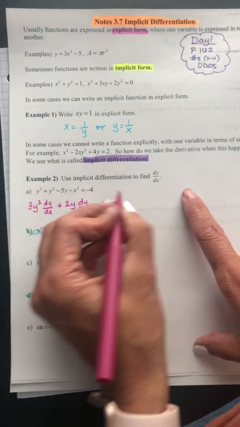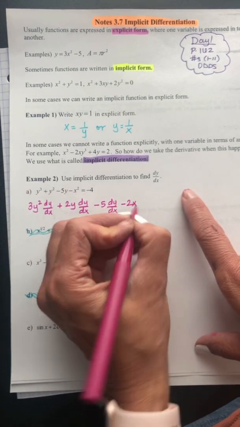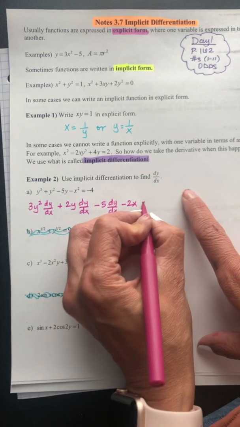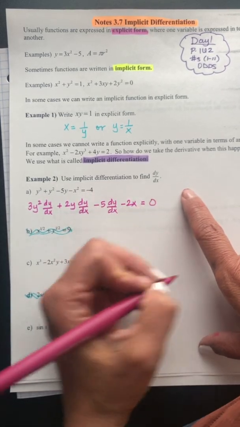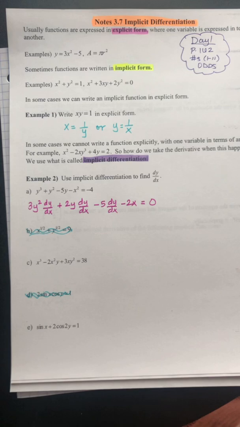Then the derivative of negative x squared would be negative 2x. That is an x, so we're good. And the derivative of negative 4 is 0. Okay, so far so good.